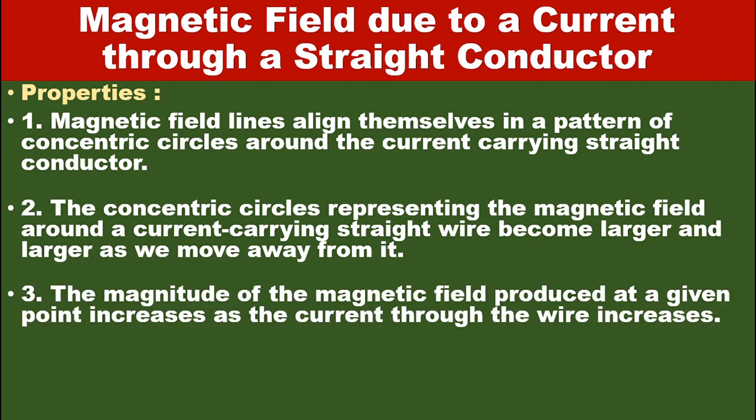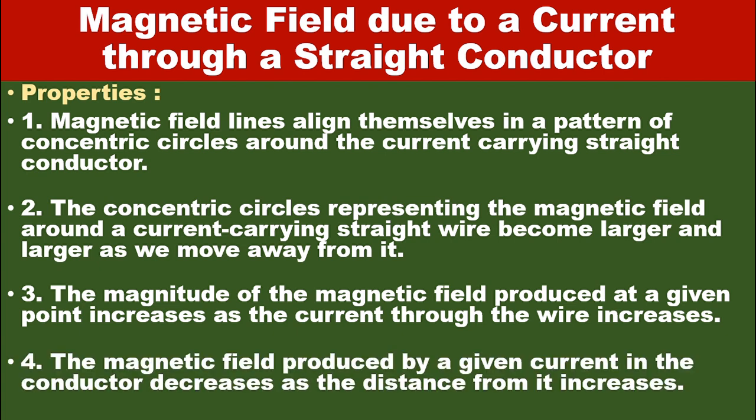Third, the magnitude of the magnetic field produced at a given point increases as current through the wire is increased. And the fourth one is that the magnetic field produced by a given current in a conductor decreases as the distance from it increases.